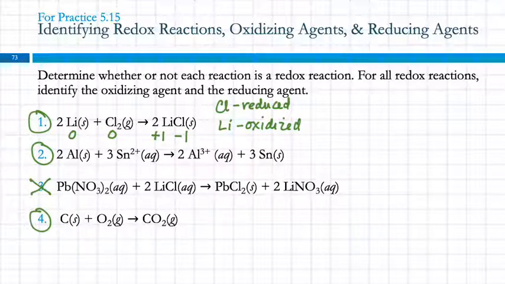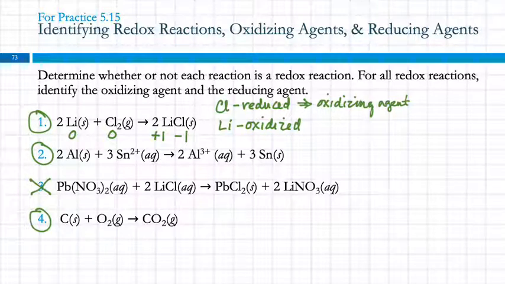I think it's best in a question like this to first identify what's oxidized, what's reduced, and then look at the agents. The agents are opposite. So chlorine was reduced. Chlorine caused the other thing to be oxidized. Chlorine is the oxidizing agent. Because the agent doesn't get oxidized, the agent causes something else to be oxidized.